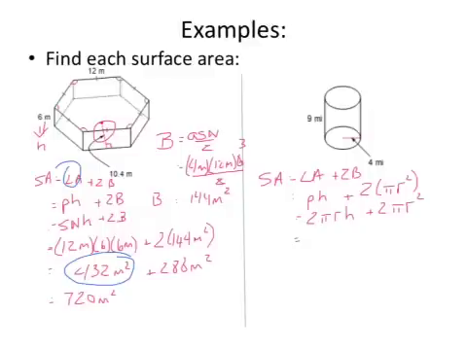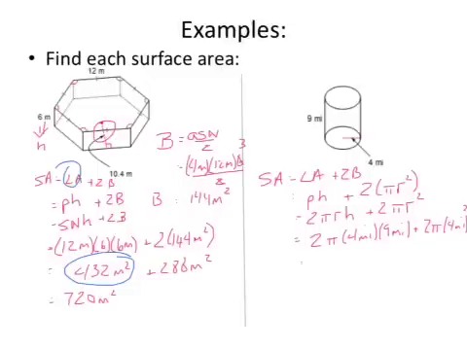So my radius is 4, so I have 2 times pi times 4 miles. This is one huge cylinder here. And my height is 9 miles plus 2 pi times 4 miles squared.